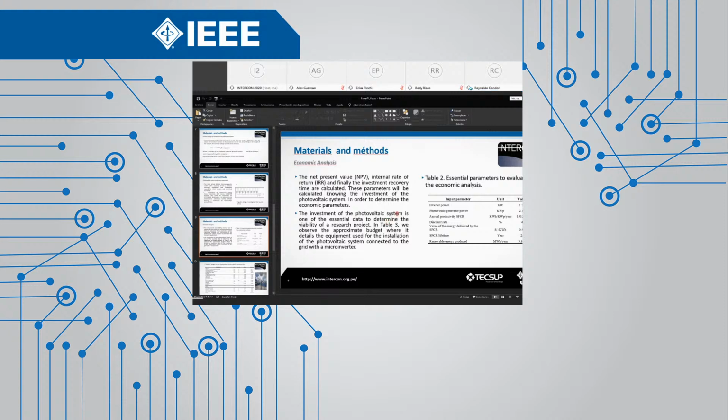In table 2, we have the approximate budget, with the details of the equipment and installation of the photovoltaic system connected to the grid with microinverters. See table 2, the essential parameters to evaluate the economic analysis.